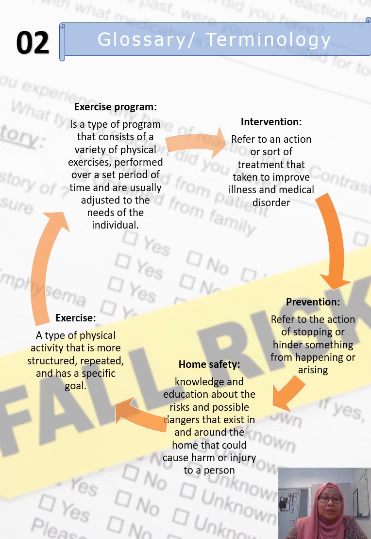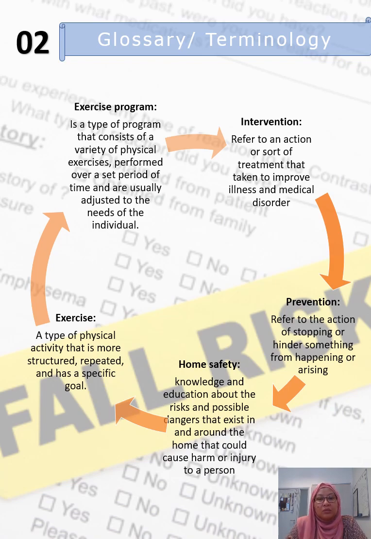An exercise program is a type of program that consists of a variety of physical exercises performed over a set period of time, and is usually adjusted to the needs of the individual. So we can adjust the prescriptions according to the ability of the older persons, and we can also progress the intensity of the exercise.